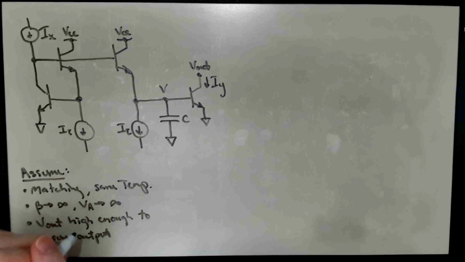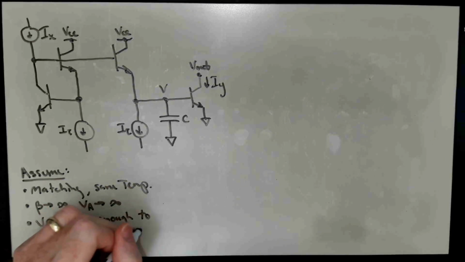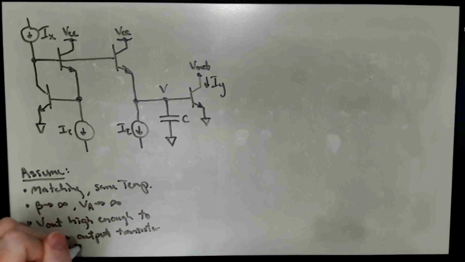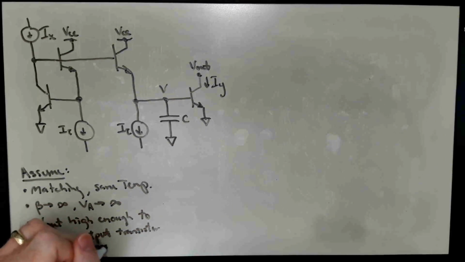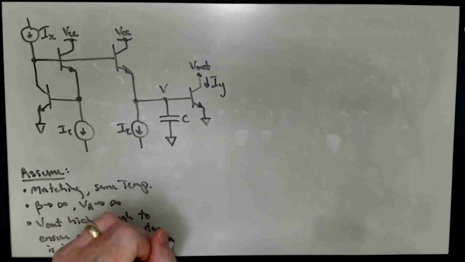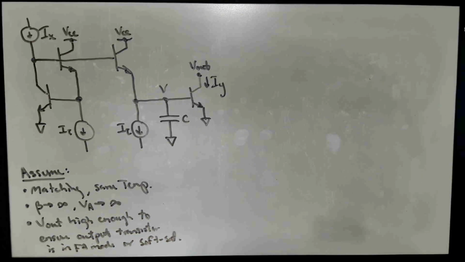the output transistor is in forward active mode or soft sat. So there's some place for IY to flow from.